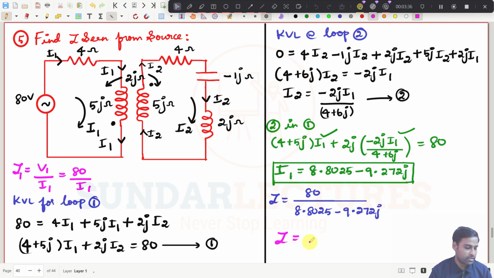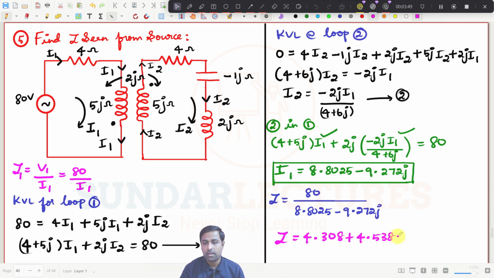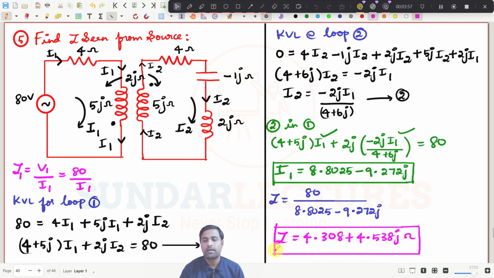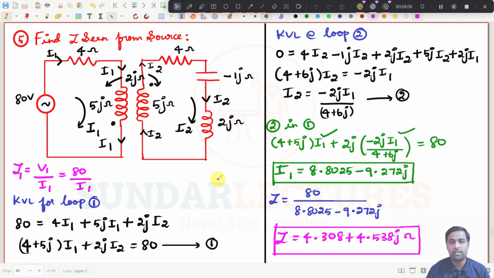So Ez is equal to, I am getting it to be 4.308 plus 4.538j ohms. So this is the value of Ez I am getting, seen from the source. We have found the value. So now we will go to the other problem.